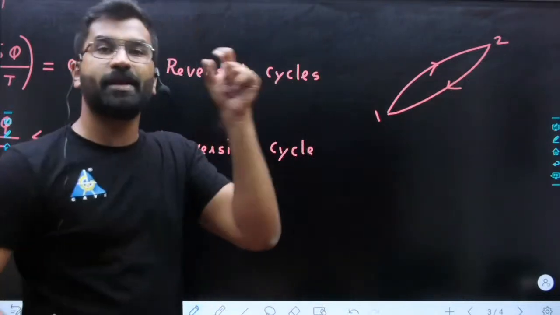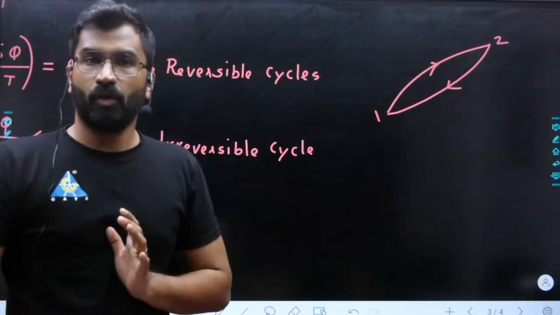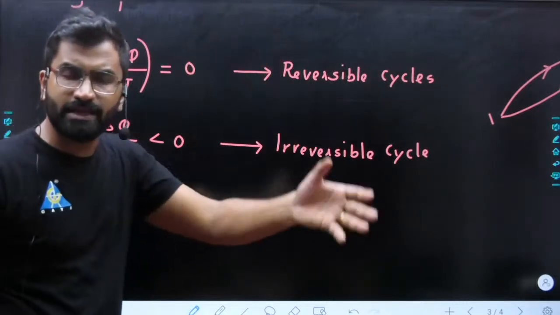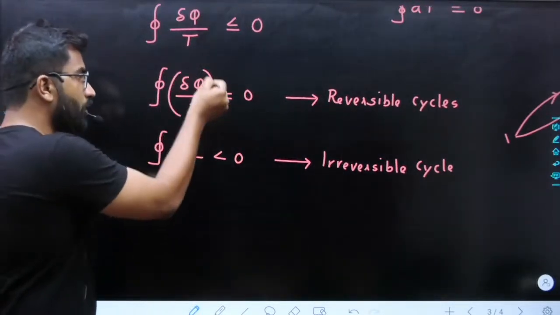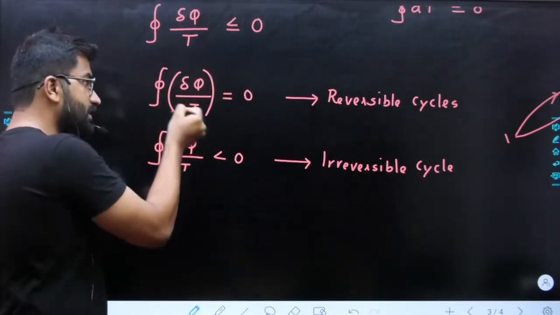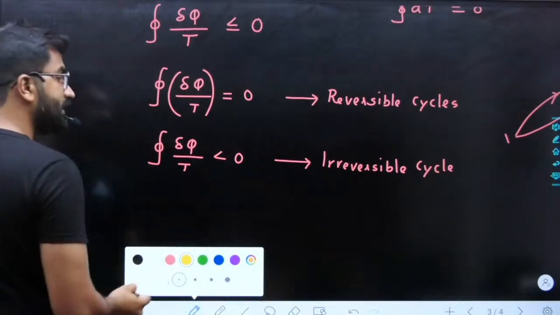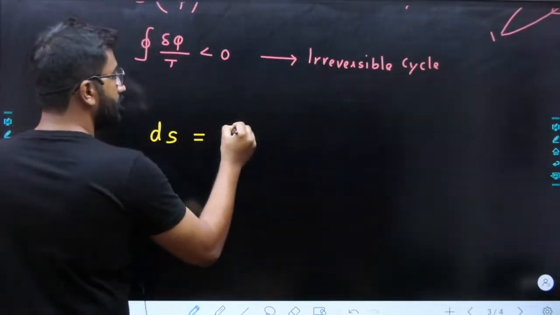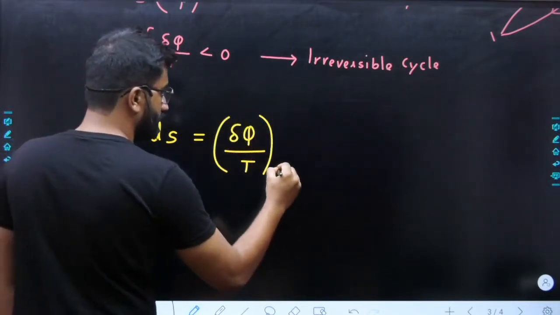So always for a cycle, your initial and final value of properties will be the same. Like temperature, pressure, internal energy, enthalpy, we have some property whose cyclic integral is 0. So they have named it entropy. They are saying ds is del Q by T reversible.